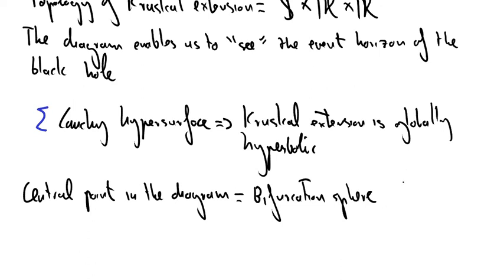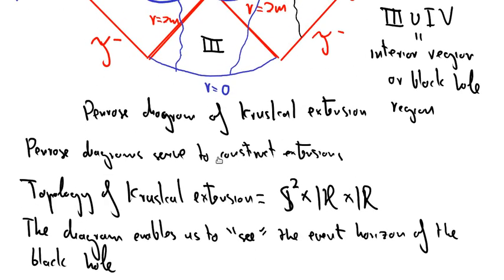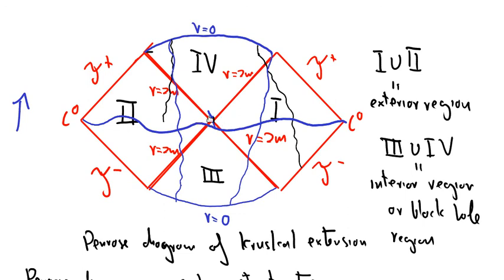Just by looking at the diagram, we see that it is the point which connects the two asymptotically flat regions, 1 and 2, and in a general black hole it can be defined as the intersection of the future event horizon and the past event horizon. We see that there are a number of event horizons here, and they intersect at this point.